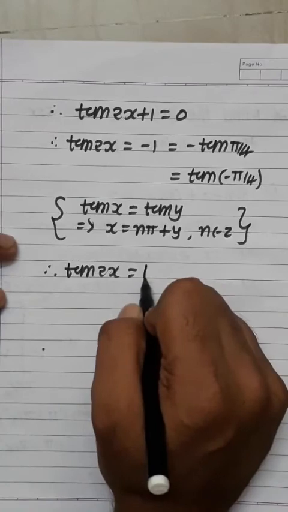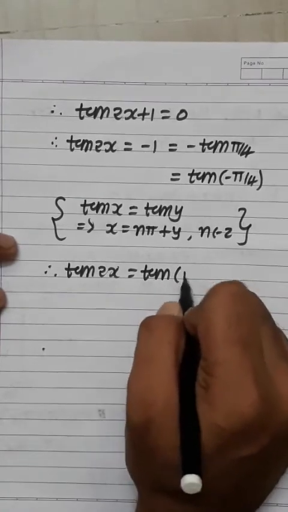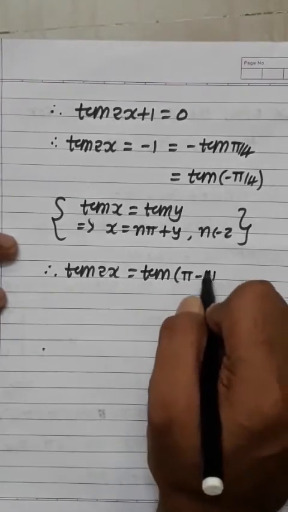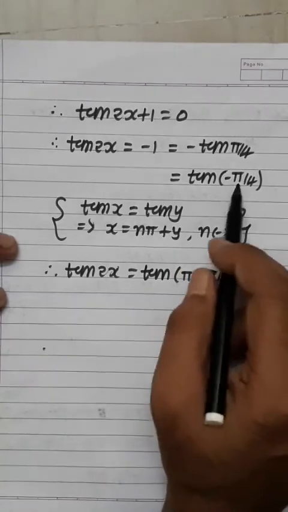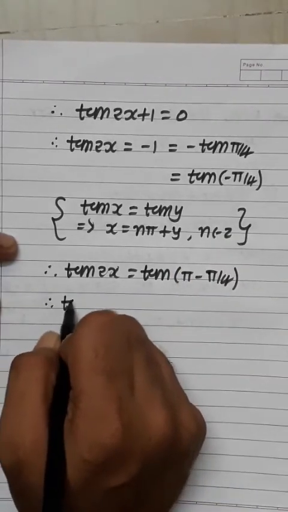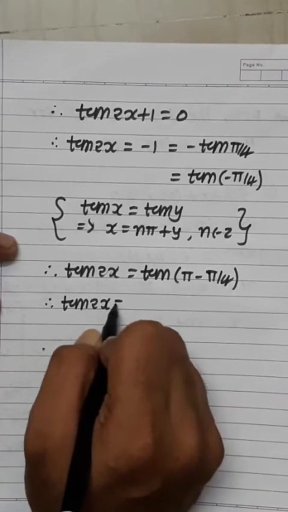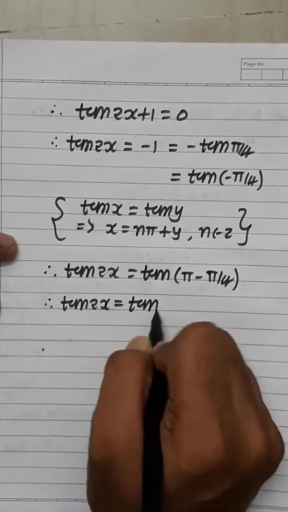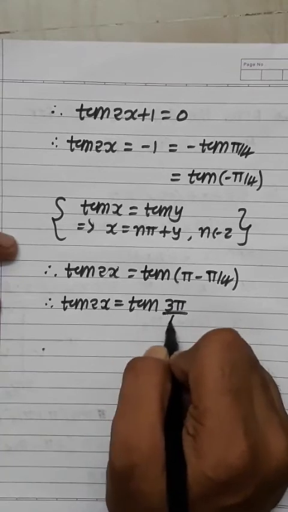That's why here write tan pi minus pi by 4. Now simplify this term. So tan 2x is equal to tan, take LCM, 3 pi by 4.